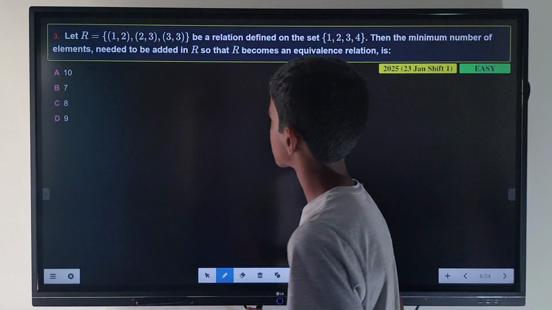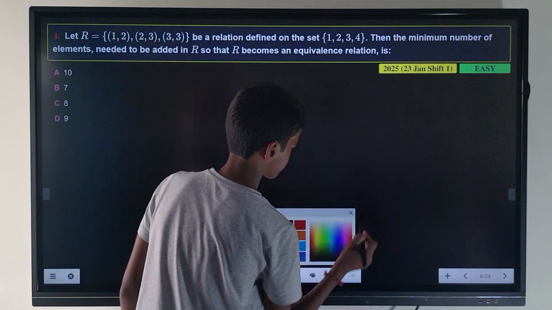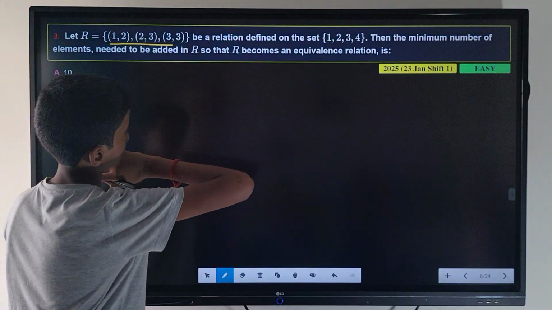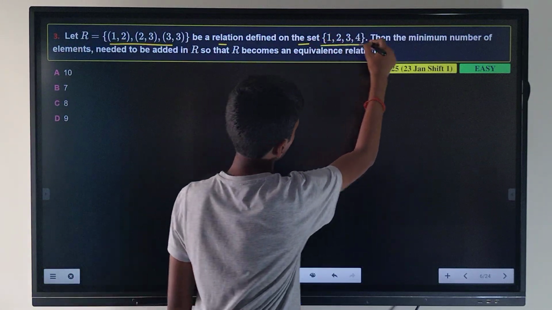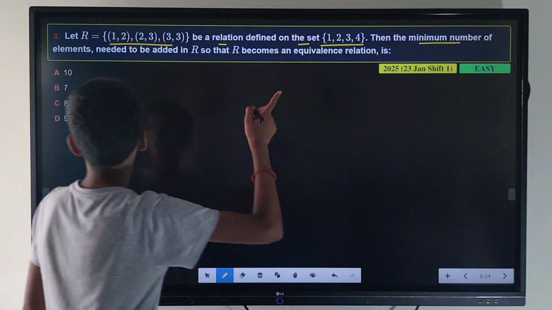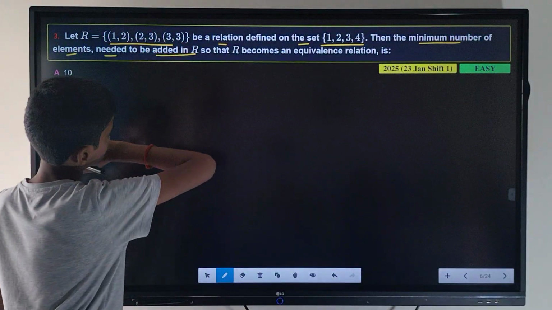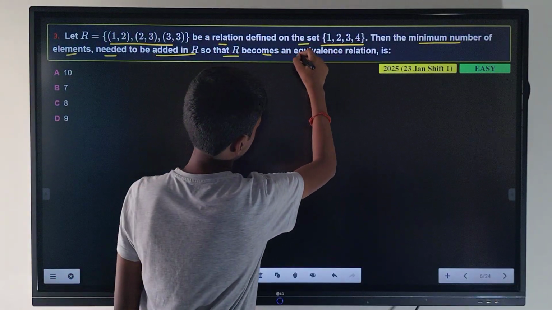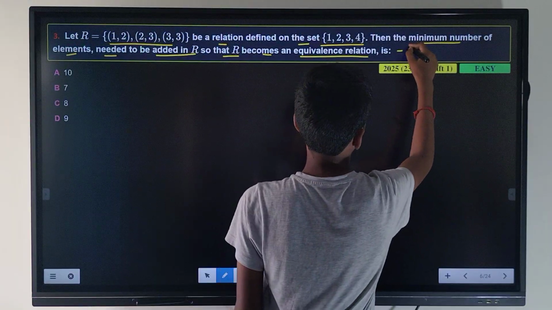Here is the next question now. Our question says, let R be this relation defined on the set 1, 2, 3, 4. Then the minimum number of elements needed to be added in R so that R becomes an equivalence relation is equal to what?